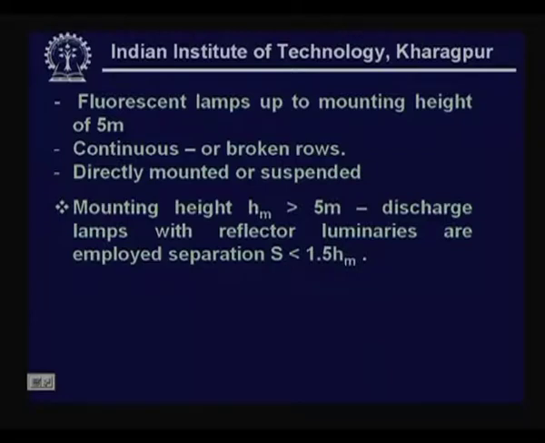The moment this height exceeds 5 meters, we use the discharge lamps. Earlier it used to be mercury vapor lamps, but you know that mercury vapor lamps are being fast replaced by sodium vapor lamps because of their low utilization efficiency factor.